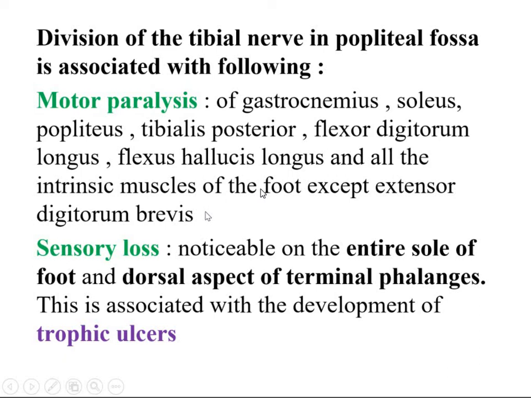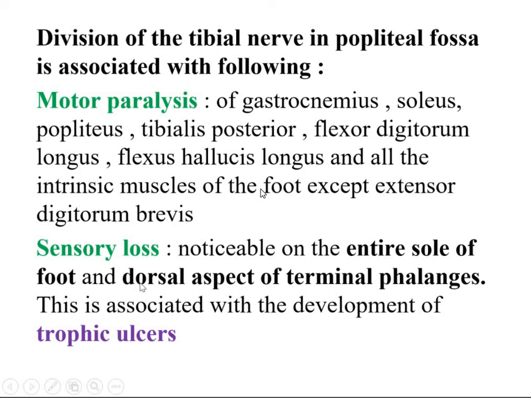Please, I would suggest try to read out the names of these muscles before the lecture of leg starts, because it is very confusing and you will confuse the muscles digitorum, flexors that you have learned in your upper limb, okay. So please read it out.